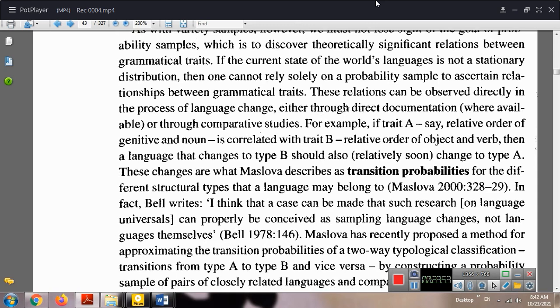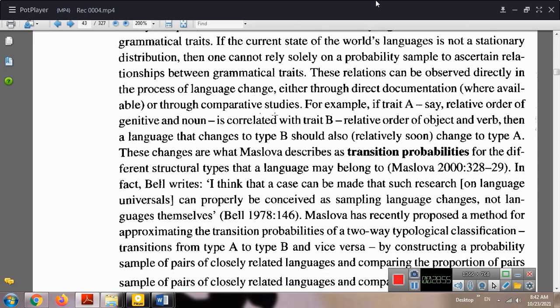These relations can be observed directly in the process of language change, either through direct documentation where available or through comparative studies.